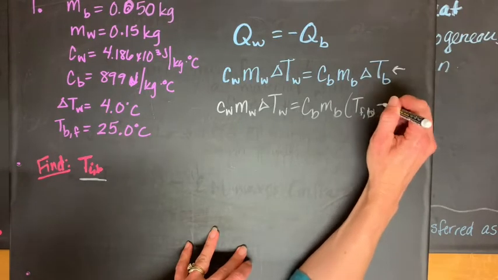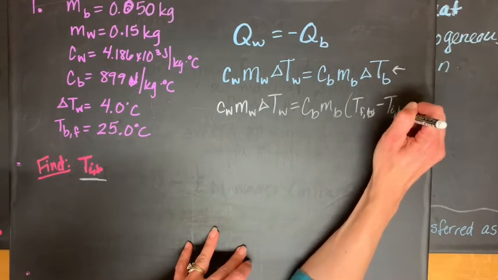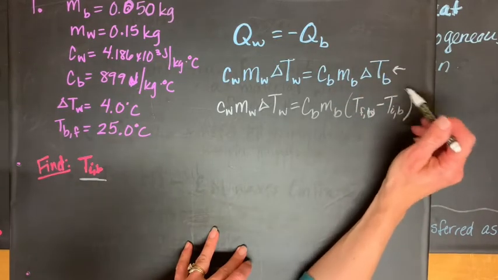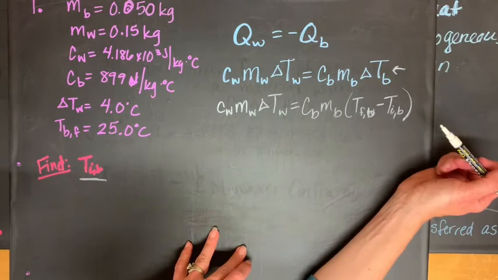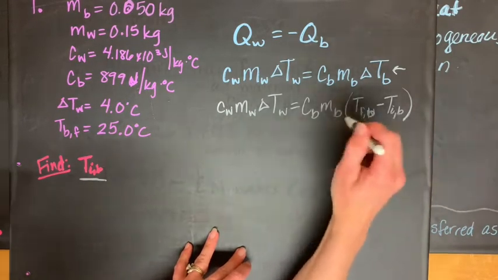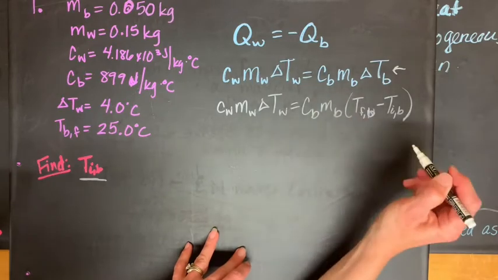Okay, and now I'm going to distribute and solve for this. Actually, I'm going to divide by this.